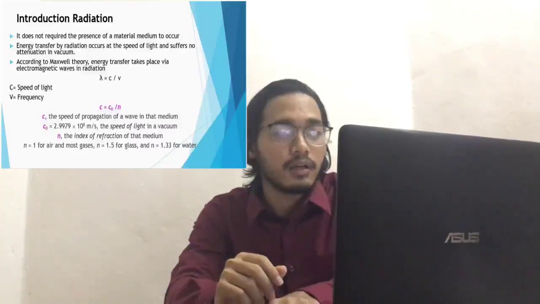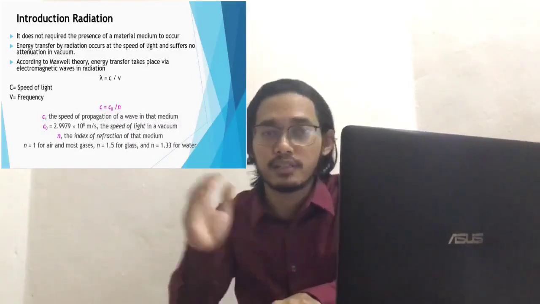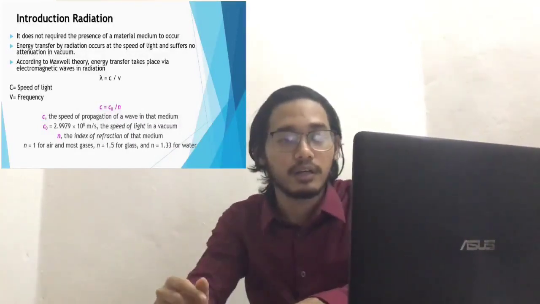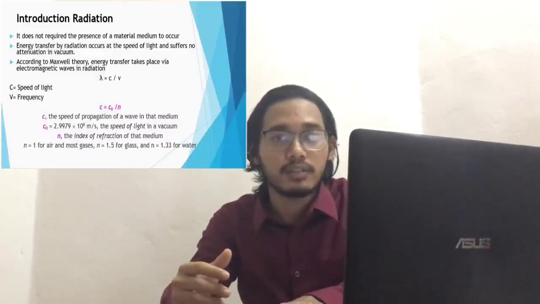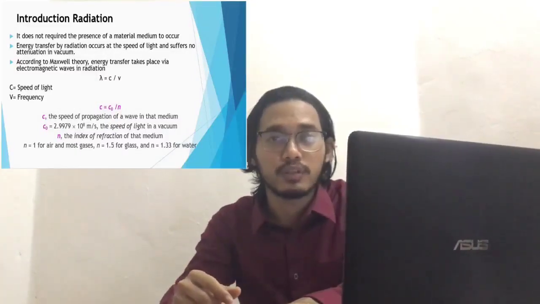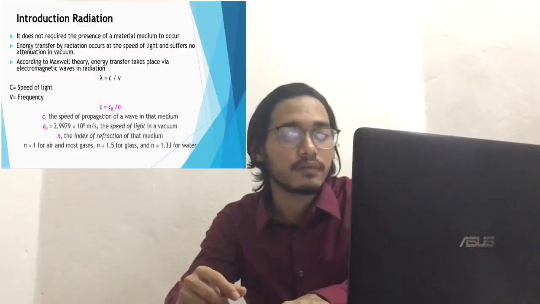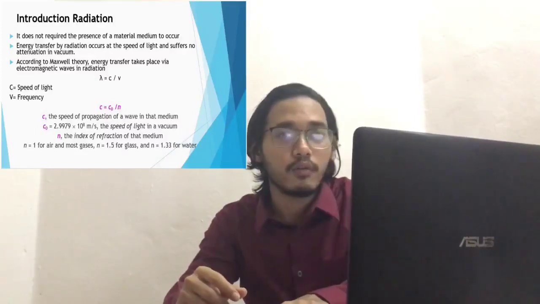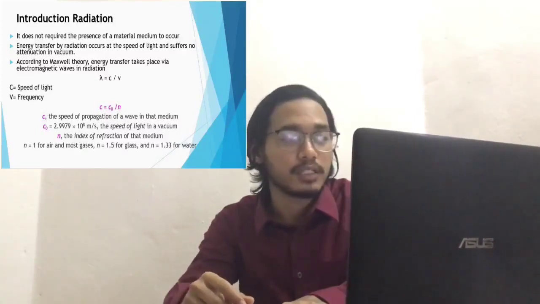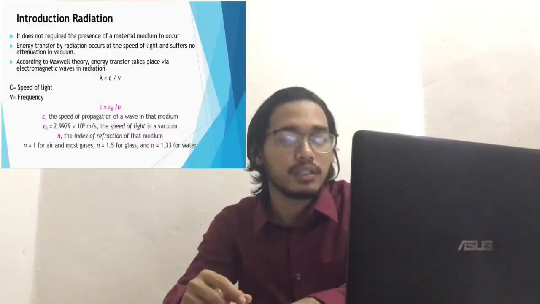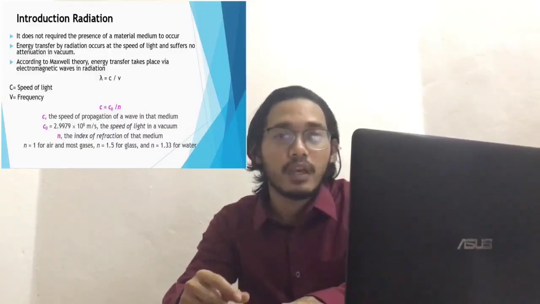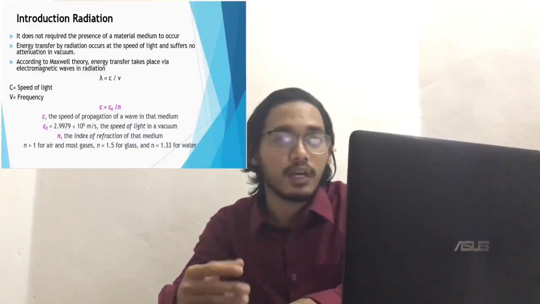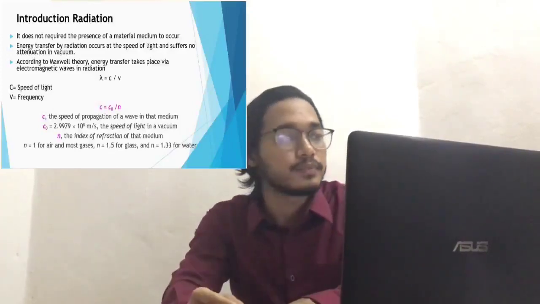Besides that, we also have the formula, as in the figure, C0 divided by N. C0 is a constant value, 2.9979 times 10 to the power of 8 meters per second, and N is the index of refraction. N is equal to 1 for vacuum and others as in the figures.